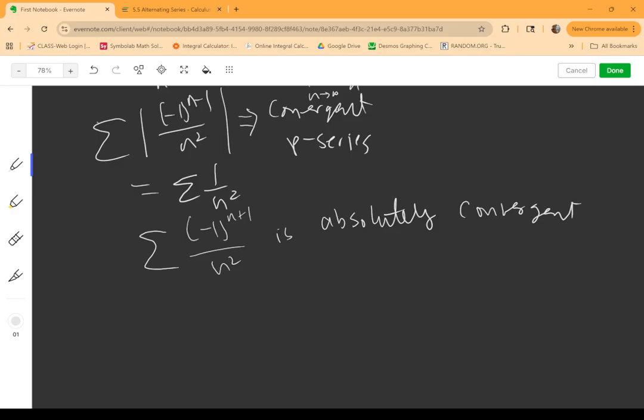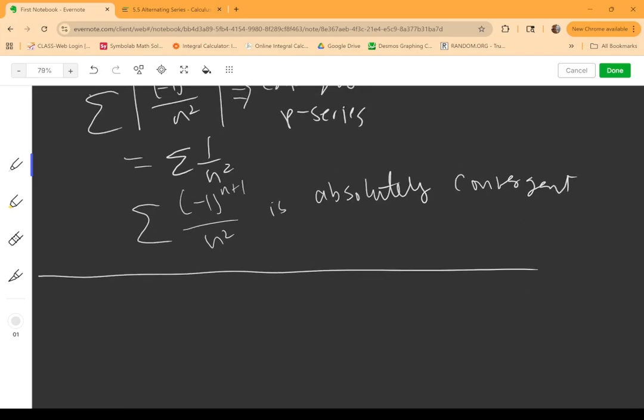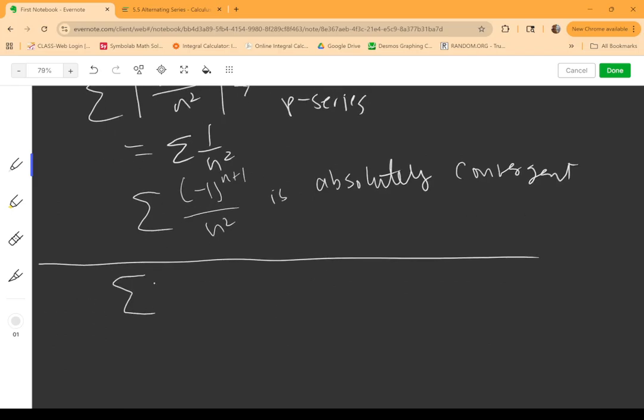Okay, now on the other end, we have the sum of (-1)^(n+1) over n. This is our alternating harmonic series, which we proved in the previous video is convergent.